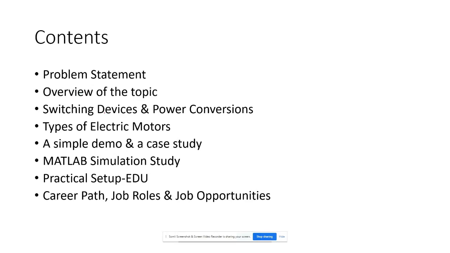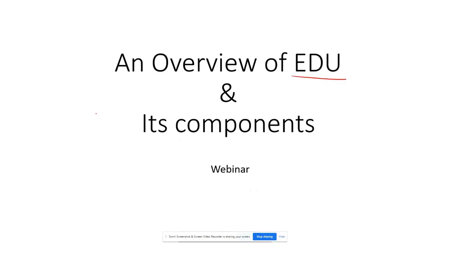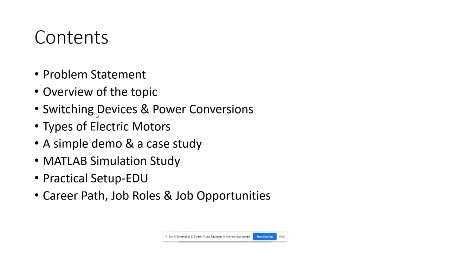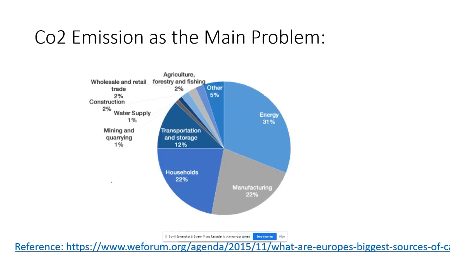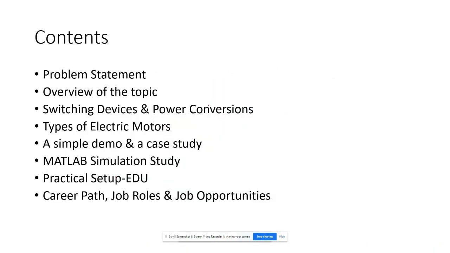So the contents of today's lecture are: what is the main problem, and why do we need to shift, or take a switch over, to electric vehicles. What is the overview of the topic for today, and what are the components?